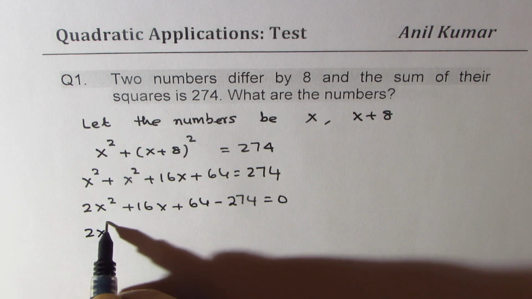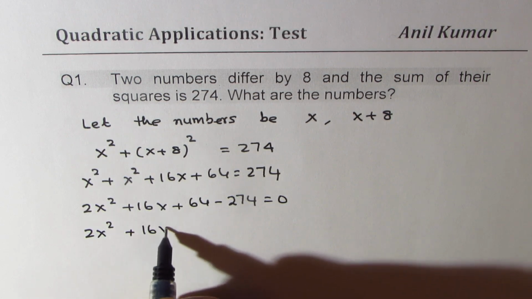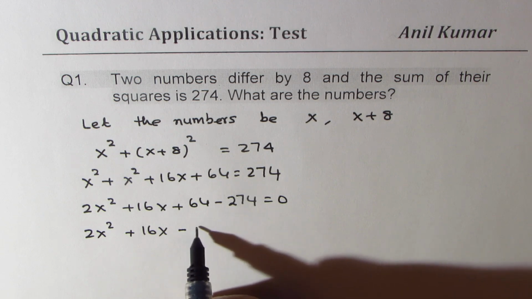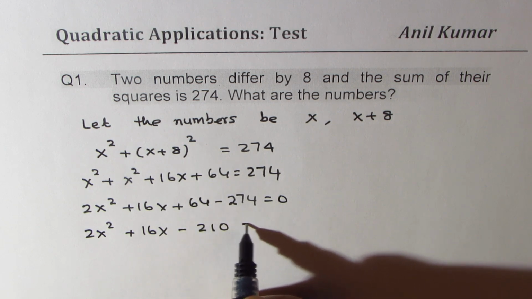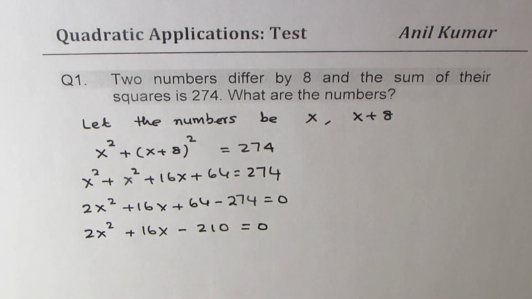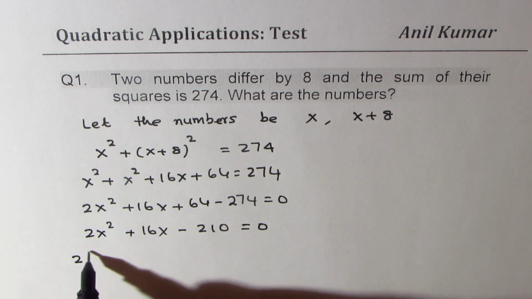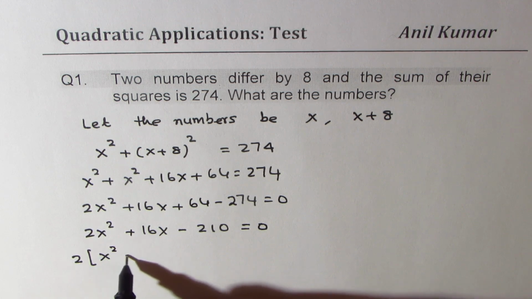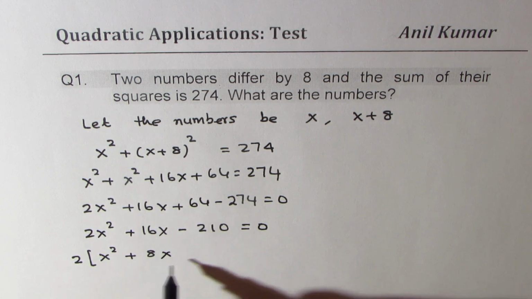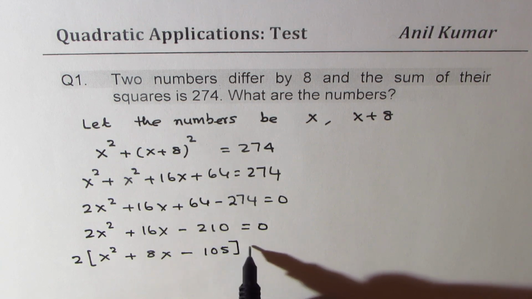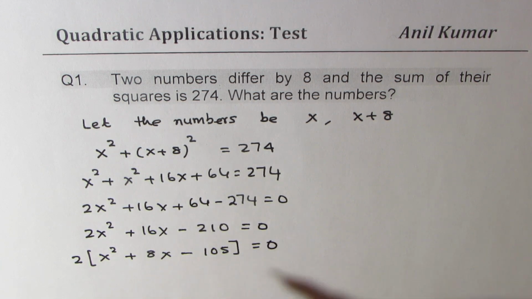That gives you 2x square plus 16x, and when you take away 64, we get negative 210 equals 0. Now we can take 2 as a common factor and we get x square plus 8x minus 105 equals 0.